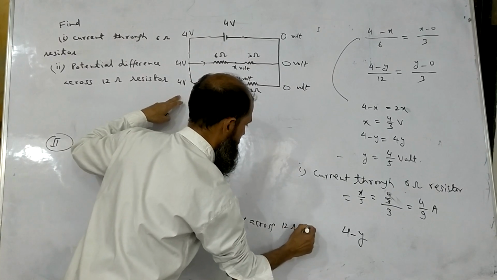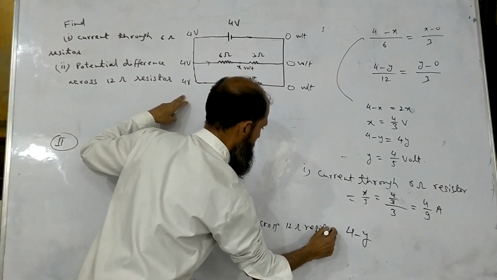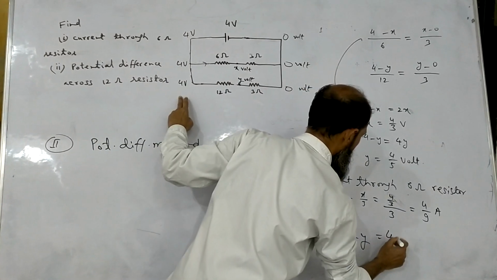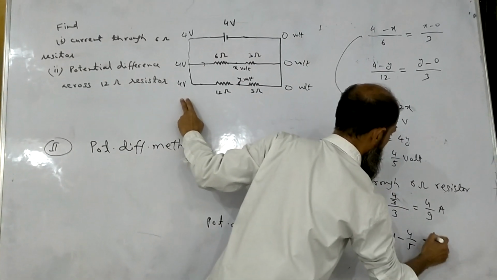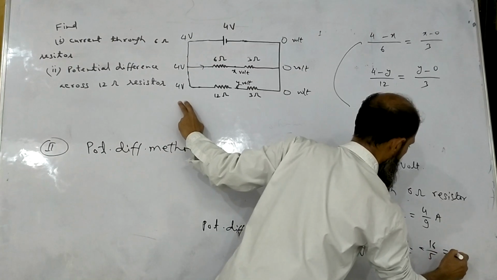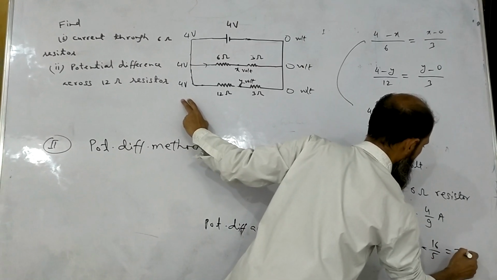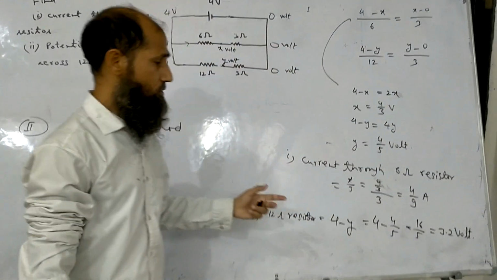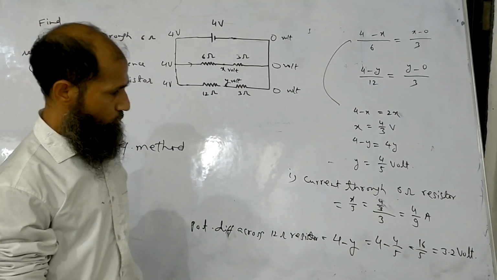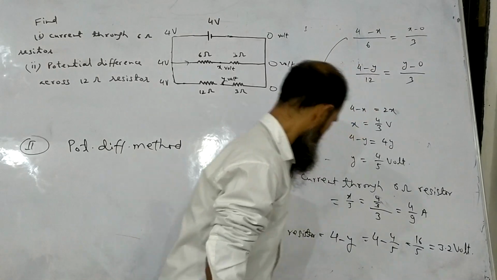So that is equal to 4 minus 4 by 5, which is equal to 16 by 5, which is equal to 3.2 volt. Again the same answer that we had got in the first method. So 3.2 volt, that is the potential difference.